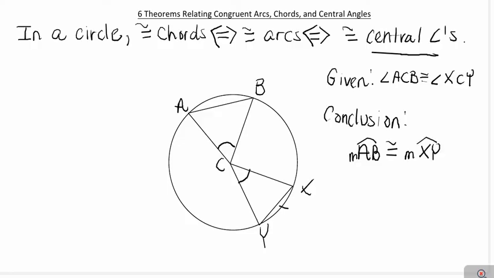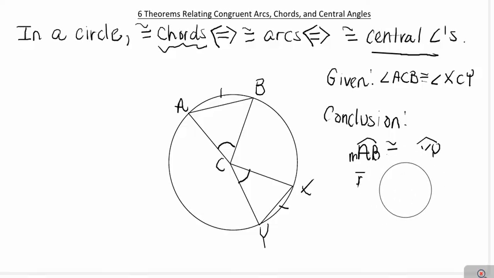So I could assume that these arcs are going to be congruent. And I can also assume that the chords are going to be congruent. So chord AB is congruent to chord XY. So that's what this theorem is saying. I have congruent central angles, so then I can conclude that I have congruent chords and congruent arcs.